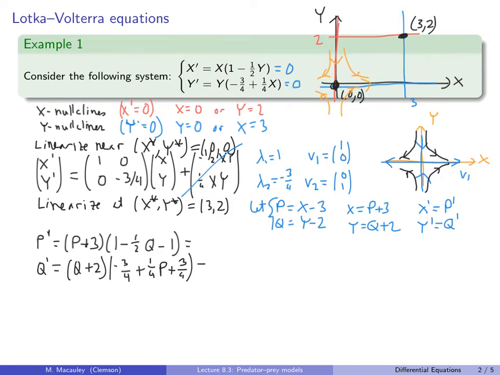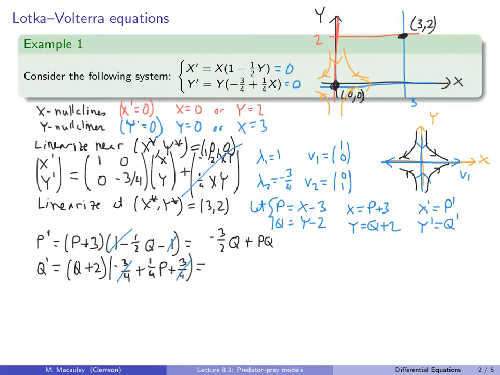And let's simplify this. Now, very nicely, this 1 and this negative 1 cancel, so let's get rid of those. As does this negative 3/4 and this positive 3/4, so we can get rid of those as well. So the first one is just 3 times negative 1/2 q, and then the nonlinear term is p times q. So this is minus 3/2 q, plus pq.